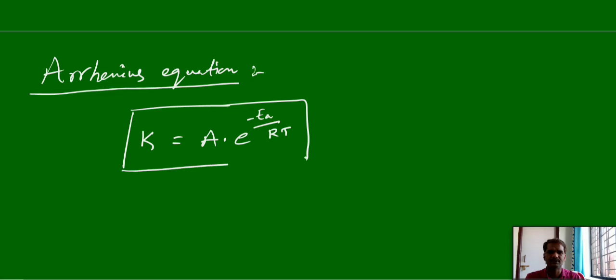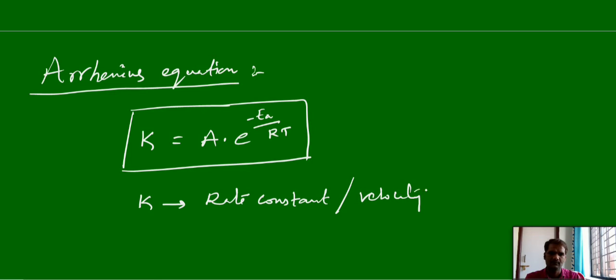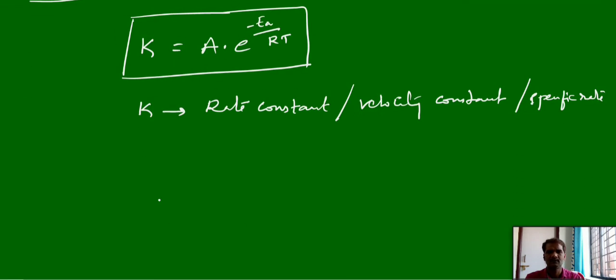and this is the Arrhenius equation, where K, we already know, you can write the parameters here, is the rate constant, or velocity constant, or specific rate. Already we have discussed this. And A is called the frequency factor or pre-exponential factor, or Arrhenius factor.